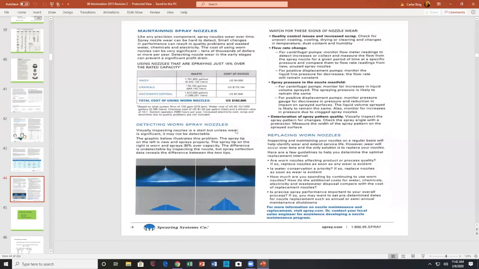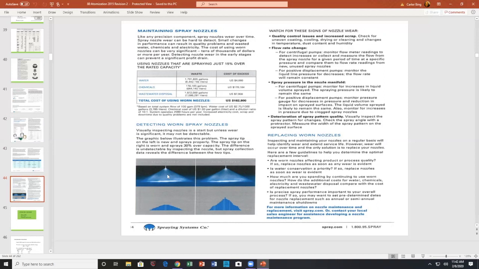And detecting worn nozzles. We'll get to this a little later as well. And what you have is a patternator, basically. We have a whole lineup of different test tubes in here, very small diameter test tubes. And you want to know what the spray pattern looks like.